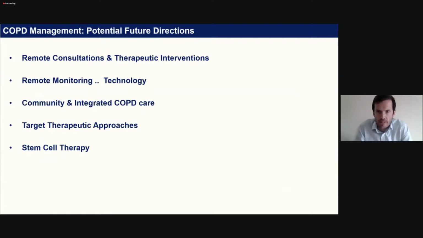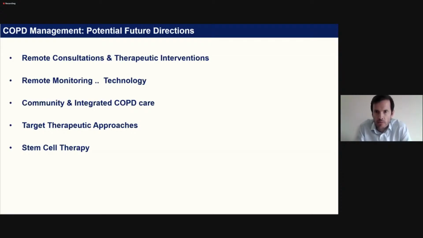So the COVID-19 pandemic has certainly challenged all of us who are involved in the management of patients with COPD to reevaluate how we manage these patients and also to explore different management approaches. There has been a big move, as mentioned, towards remote consultations in both primary and secondary care.